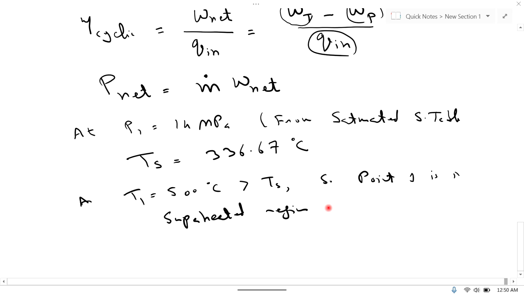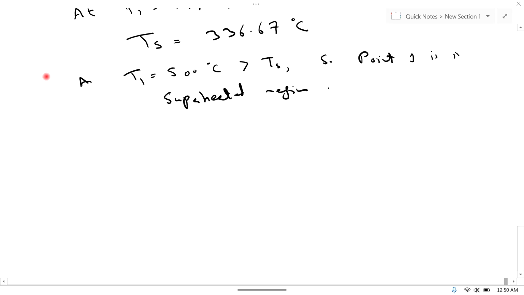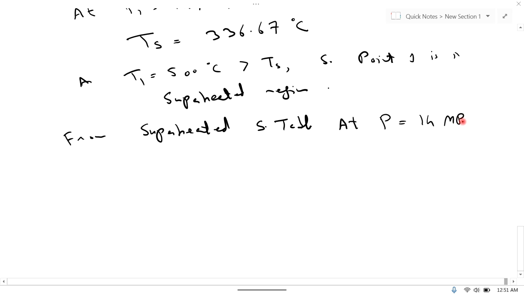So to find H1 and S1 we will use the superheated steam table. From the superheated steam table, at pressure equal to 14 megapascal and temperature T1 equal to 500 degrees centigrade, find H1 and S1.